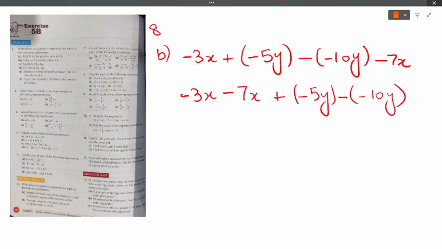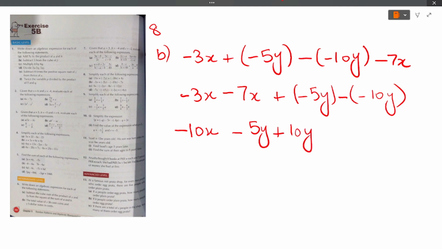Good. Now both have minus, negative sign. So we are going to add them and write the minus sign here. 3 plus 7 will be 10x. Okay. Now I'm going to multiply: plus into minus is minus 5y, and minus into minus is plus 10y.